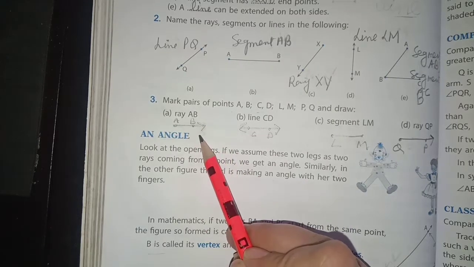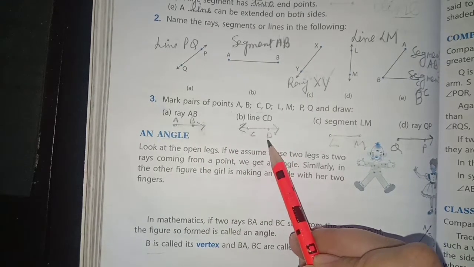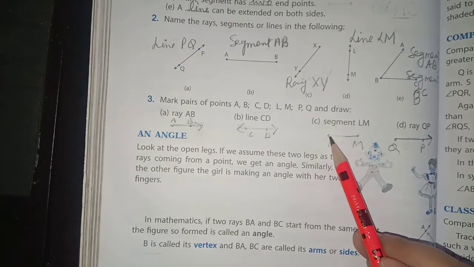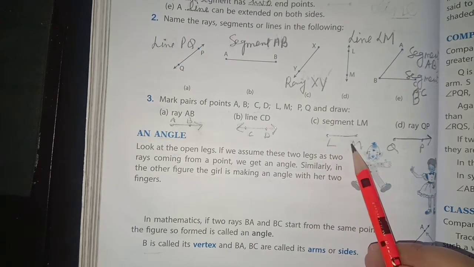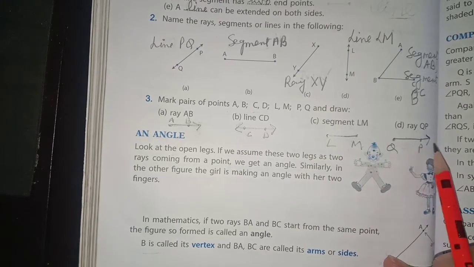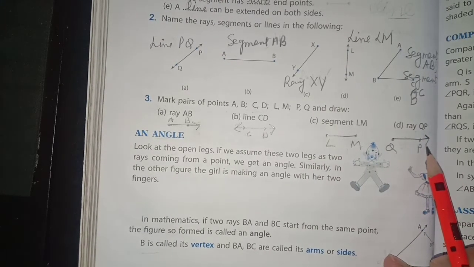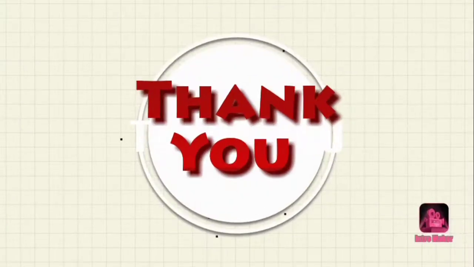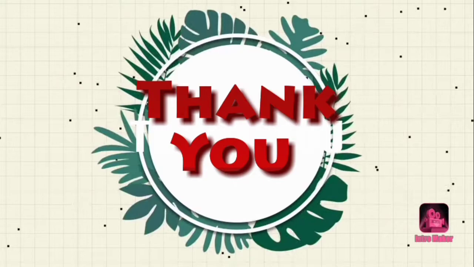A ray can be drawn like this, a line can be drawn like this, arrows on both the sides, a segment can be drawn like this, dots on both the sides. Again, a ray has an arrow on one side because it can be extended to one side only. So I hope you would have understood this exercise. Thank you.